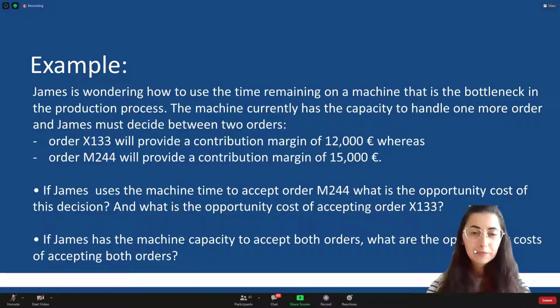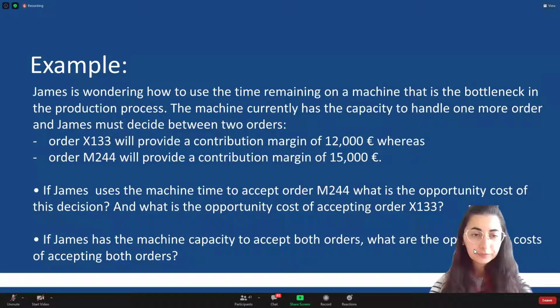If we order the M244, the opportunity cost is 12,000, and if we order the X133, the opportunity cost is 15,000. Exactly. So if we choose one order, the opportunity cost is the lost contribution margin from the other order.